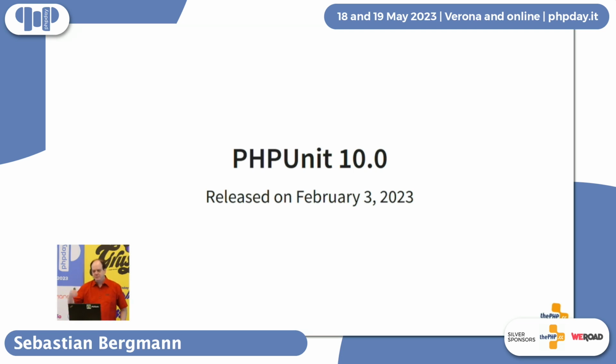And PHPUnit for a very long time already had this annual release rhythm of a new major version on the first Friday of February that basically removes stuff, breaks stuff, and lays the foundation for new features that are released throughout the year.